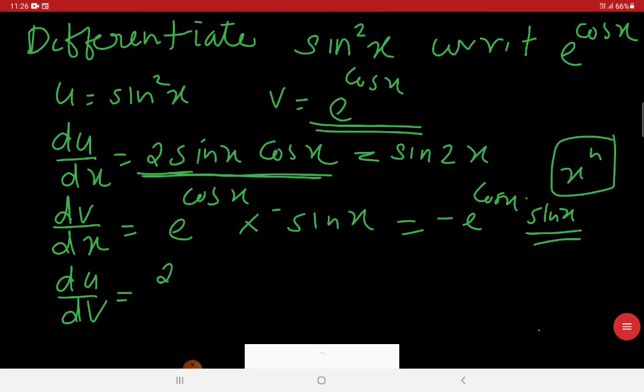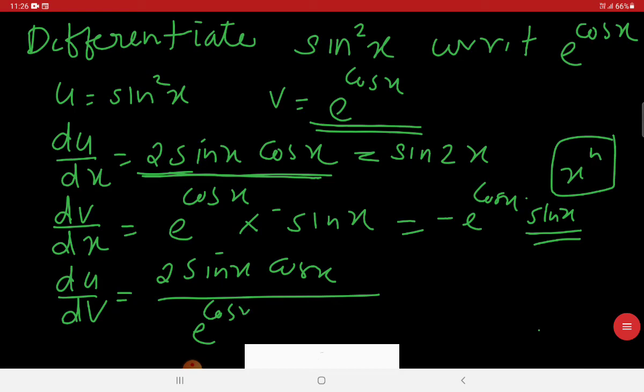So 2 sin x cos x divided by e raised to cos x into minus sin x. Now we can cancel sin x. Then what is remaining? 2 cos x. The negative is there. So negative 2 cos x divided by e raised to cos x.